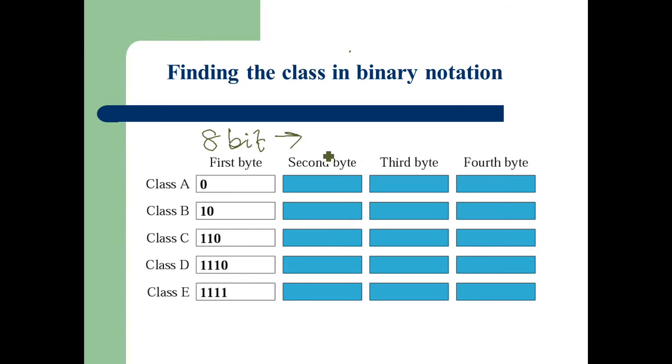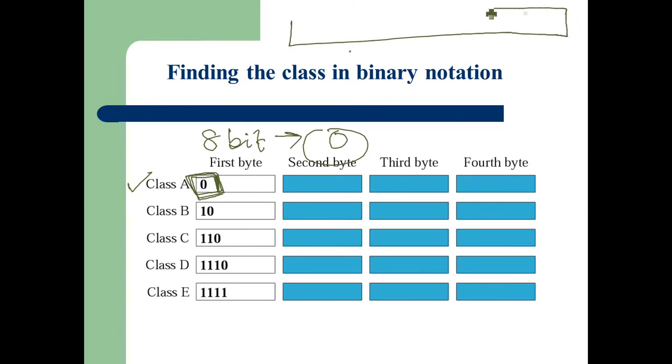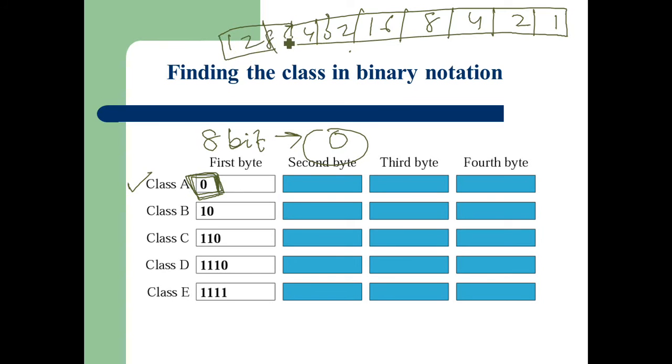If it starts with 0, that means it belongs to class A. What do I mean by the first bit being fixed with 0? If you see the values of all the 8 bits, the first one is 1, the second is 2, then 4, 8, 16, 32, 64, and then 128.